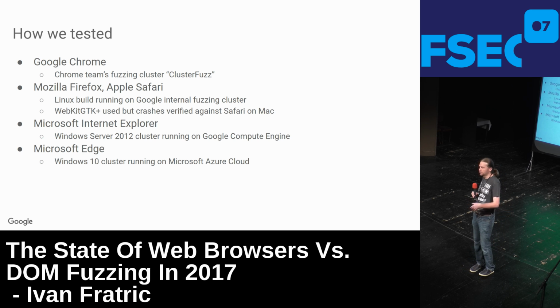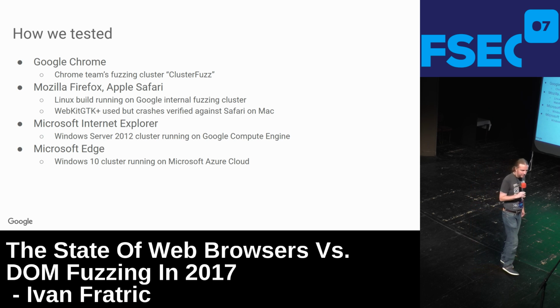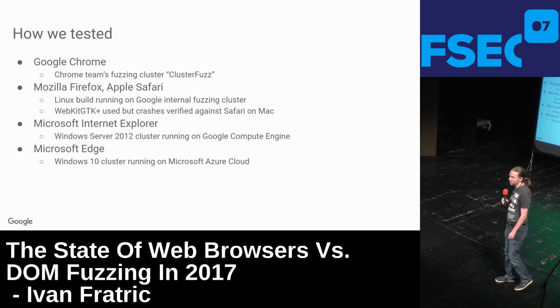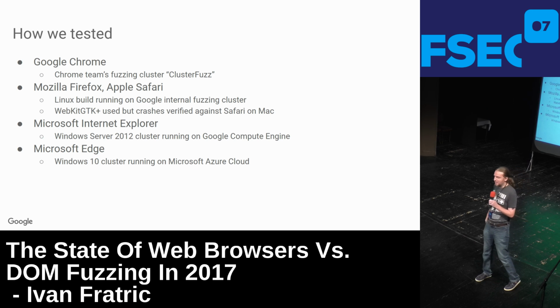Windows 10 still doesn't run at this point on Google Compute Engine, and unfortunately Windows Server doesn't support Edge. So what I did instead was to fuzz Edge on Microsoft's own cloud, which was kind of interesting when people from Microsoft Cloud Support called me and asked me, "Hey, what are you using our cluster for?"